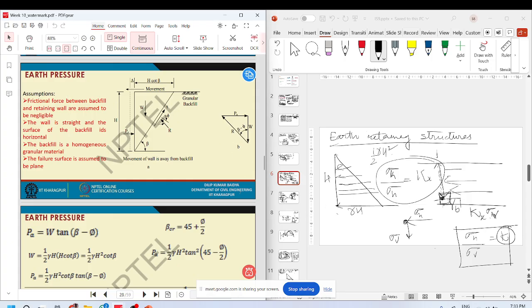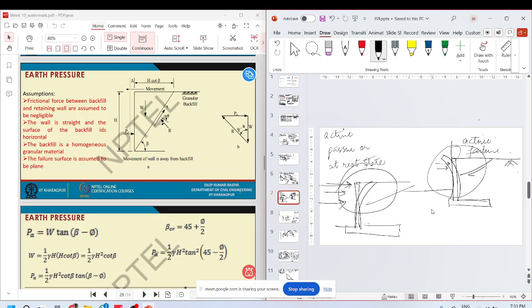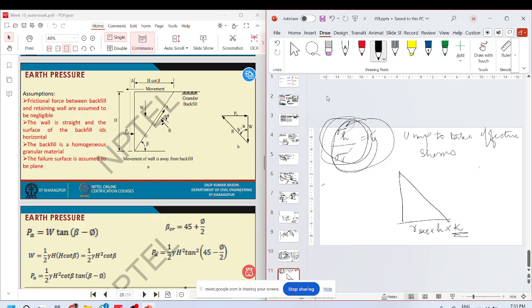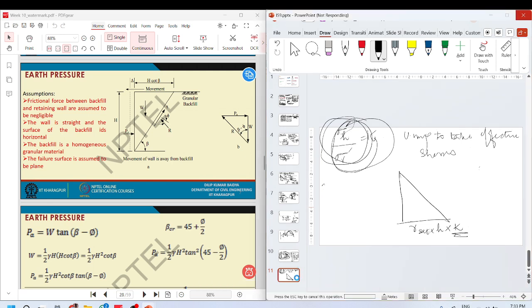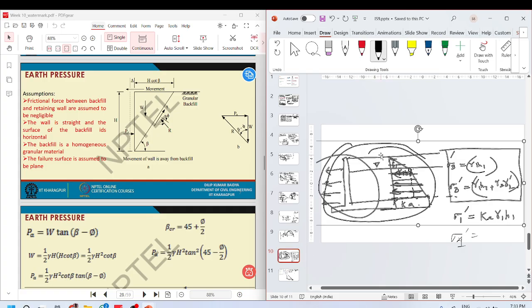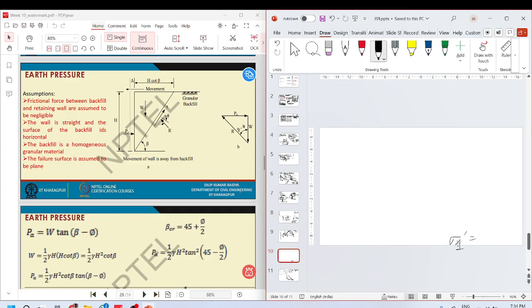You have two theories for your earth pressures: Rankine's theory and Coulomb's theory.